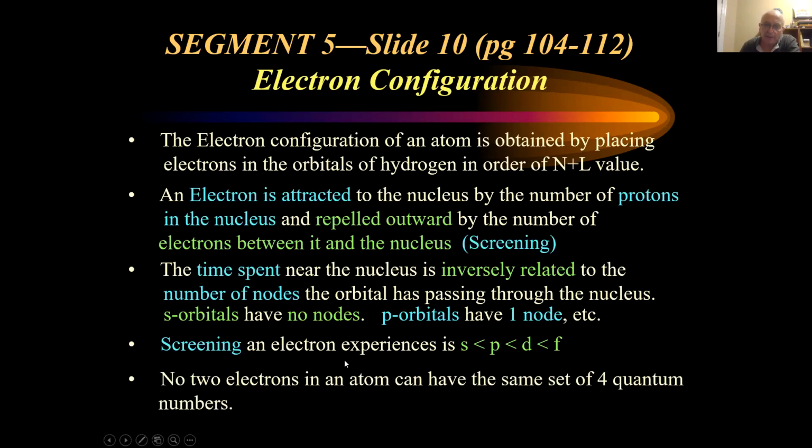Okay. Now, the other rule that we're going to look at is that the 4 quantum numbers identify an electron. And so no 2 electrons in any atom can have the same set of all 4 quantum numbers. That would be like trying to park the same 2 cars in the same parking space. It just doesn't work. Well, the same thing is true for electrons.